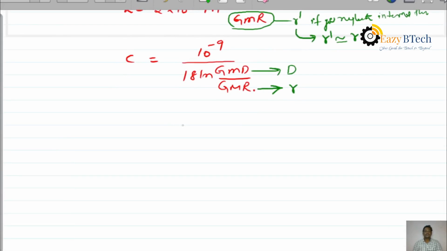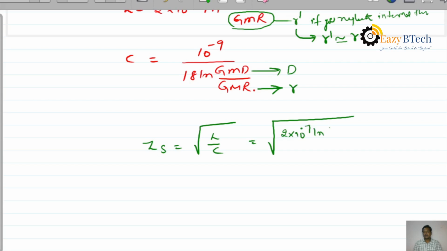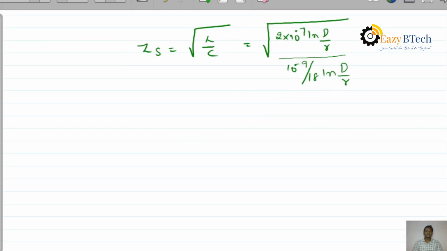Now, substitute those values in the characteristic impedance formula. ZS equals root L by C. Therefore, this is root of 2 into 10 power minus 7 ln D by R divided by 10 power minus 9 divided by 18 ln D by R. If you solve this, we get 60 ln D by R ohm.